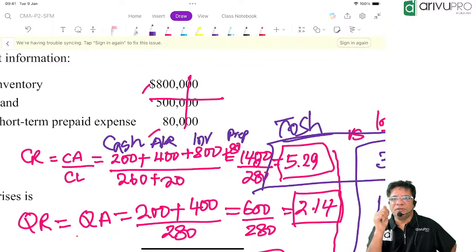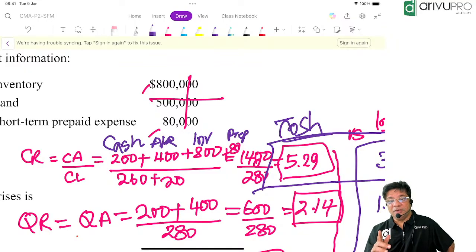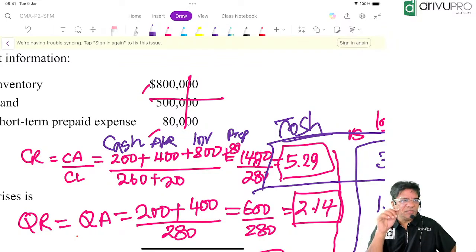What sort of numerator do you have? If cash is 1,200, you should be happy. If account receivable is only 100, you should be happy. If inventory is only 100, you should be happy. Same 1480.